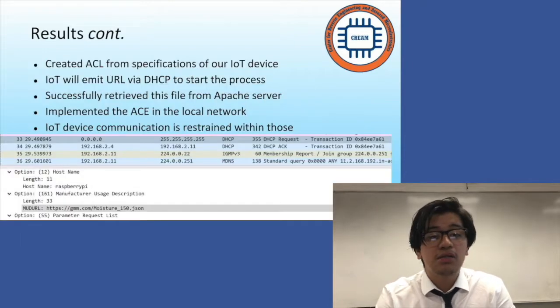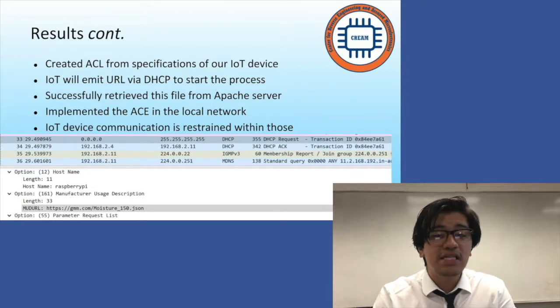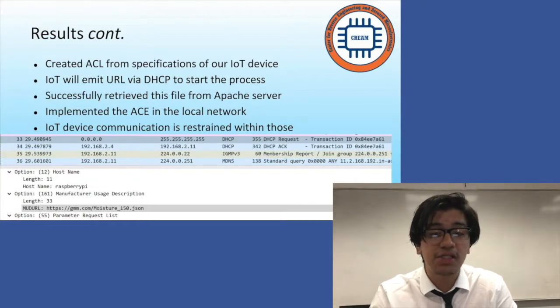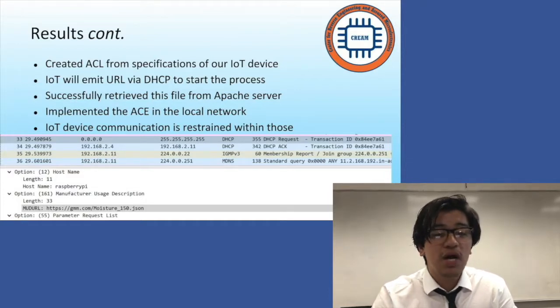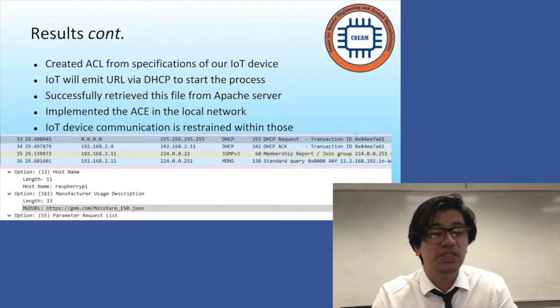gmm.com/moisture. As we mentioned, whenever an IoT device tries to connect to a network, this device starts the DHCP protocol, which means Dynamic Host Configuration Protocol. This IoT wants to retrieve an IP, as you can see at the bottom. We use Wireshark, a software, to see all the traffic in our switch. During the DHCP transaction, we see that our IoT starts off with an IP address of 0.0.0.0 and contacts the DHCP server.